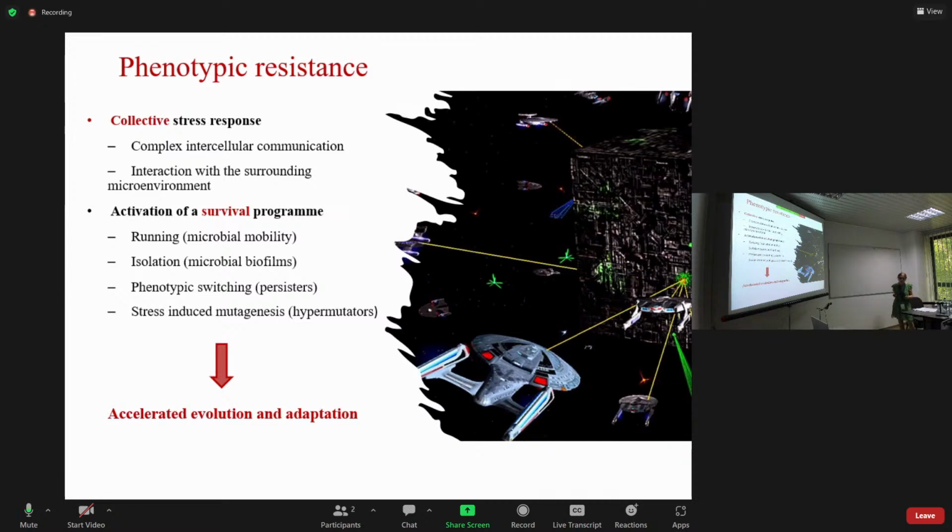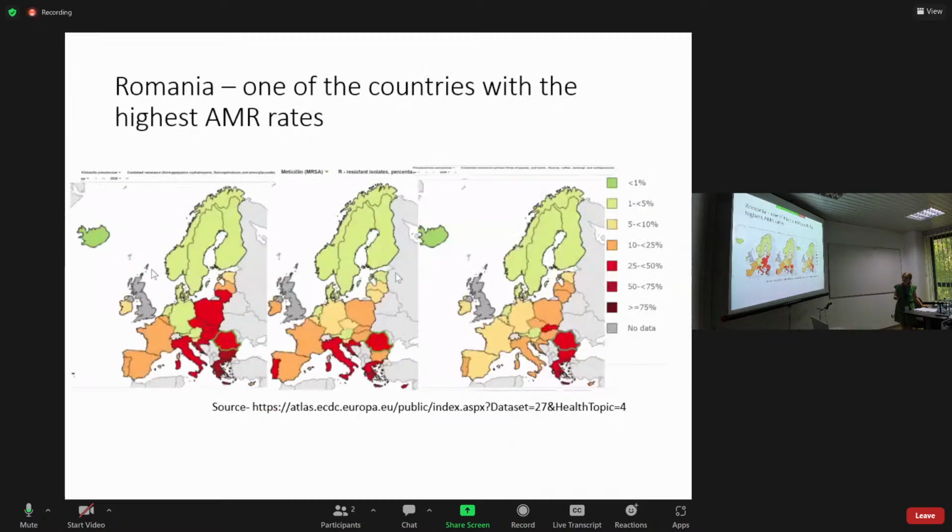And moreover, in this collective, stress-induced mutagenesis occurs, and this leads to the occurrence of hypermutator phenotypes, and they are adapting very easily to the presence of an antibiotic, leading to accelerated evolution and adaptation.